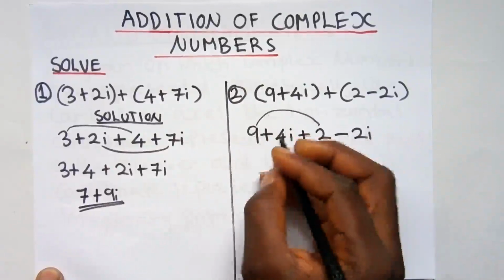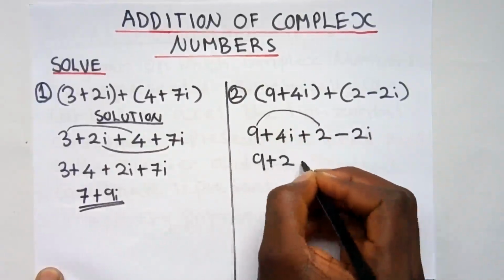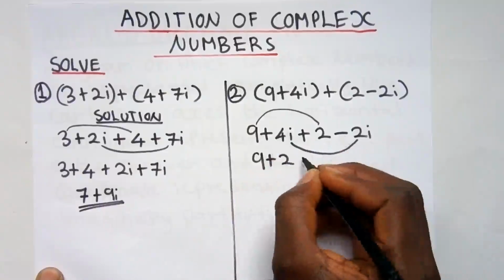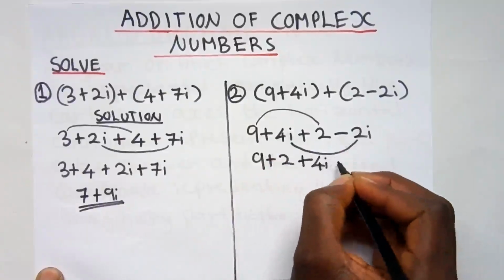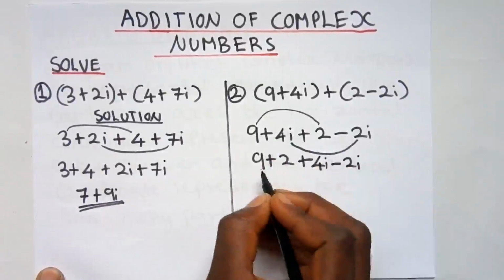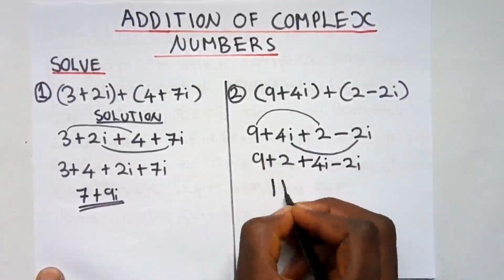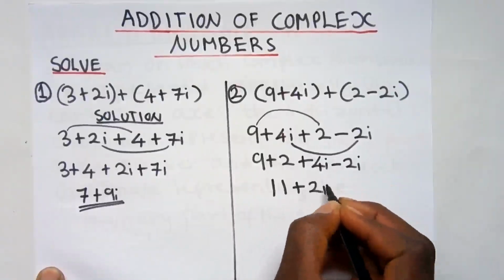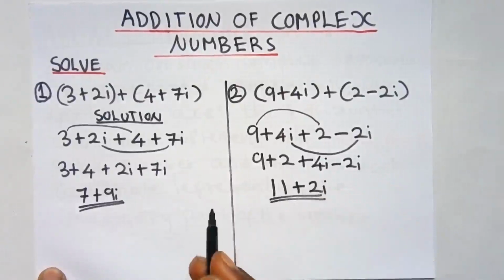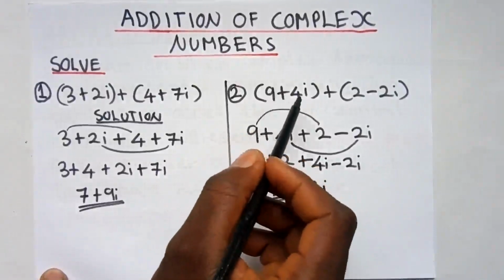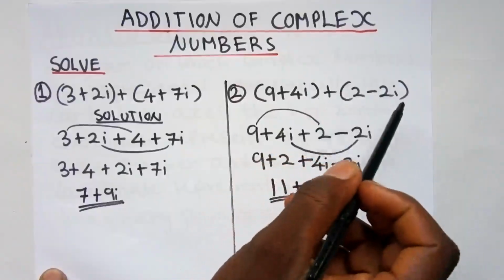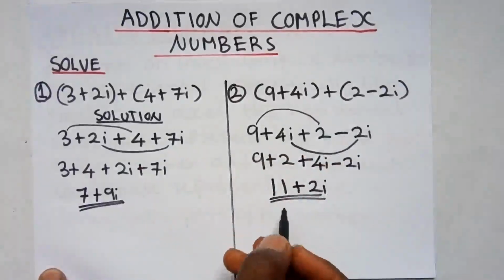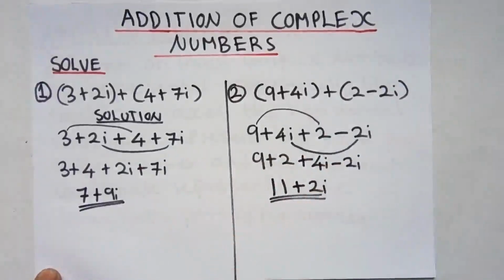So 9 plus 2, plus 4i minus 2i. So 9 plus 2 gives us 11. Plus 4i minus 2i gives us plus 2i. So you arrive at a new complex number with the real part 11 and the imaginary part 2.